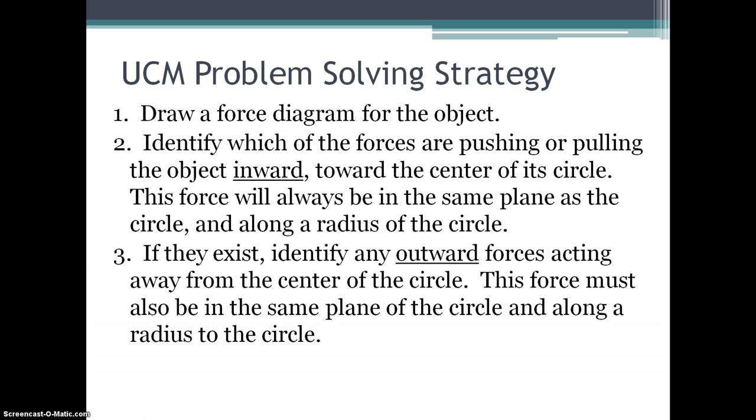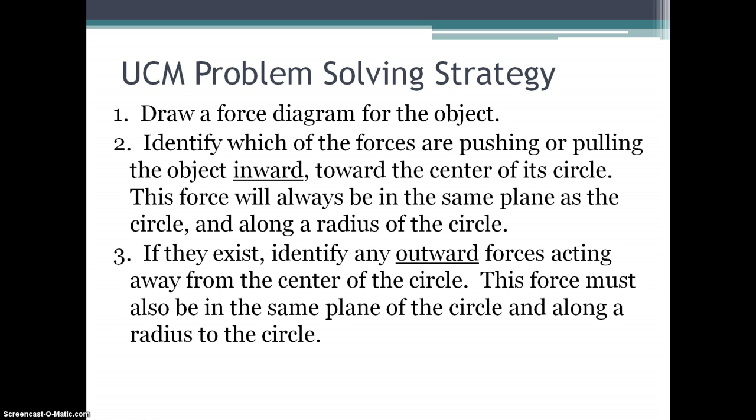It's always useful when you talk about circular motion to identify the forces that are going inward towards the center of the circle and forces that are pushing outward from the center of the circle. So that will help you define the signs on the component forces that you've put in your force diagram.